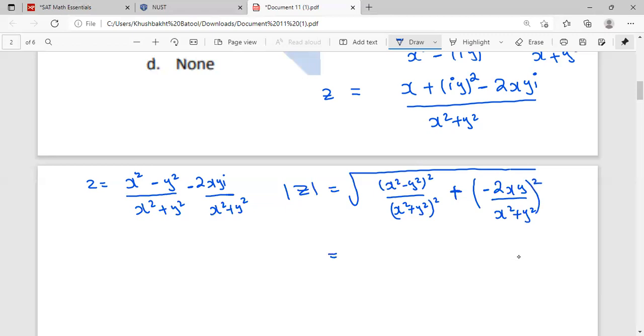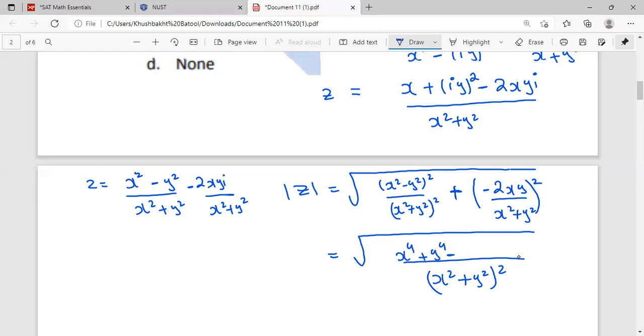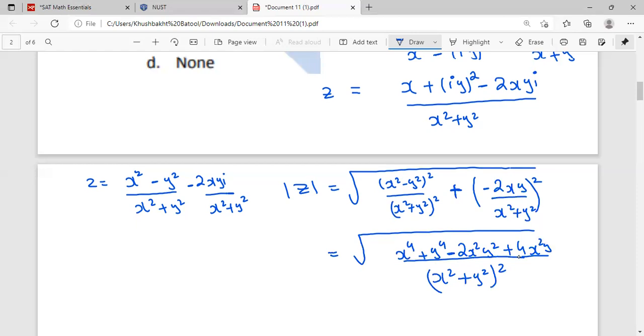So this would basically become, I can write this like that: x square plus y square, right? With the square, this is also coming under the root. And if I open up x square minus y square whole square, this would be x to the 4 plus y to the 4 minus 2x square y square, and this would be plus 4x square y square, right?